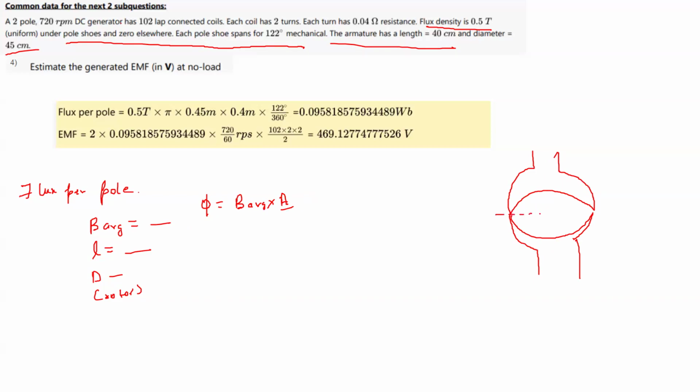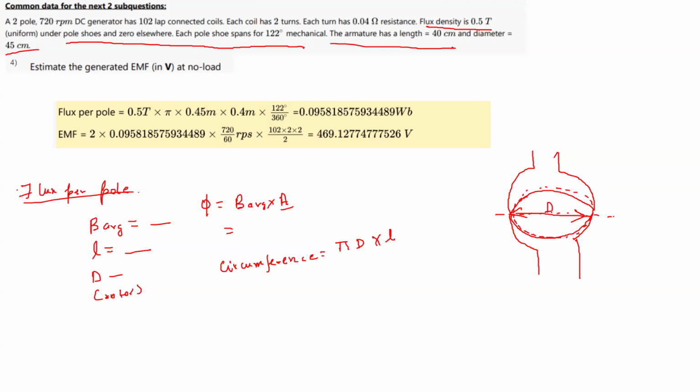Now let us see for one pole, because we are calculating flux per pole, not the whole flux. So what is the area? First we need the length. The whole circumference of a circle having diameter D is pi D. Now pi D into the length gives the area of the whole rotor.